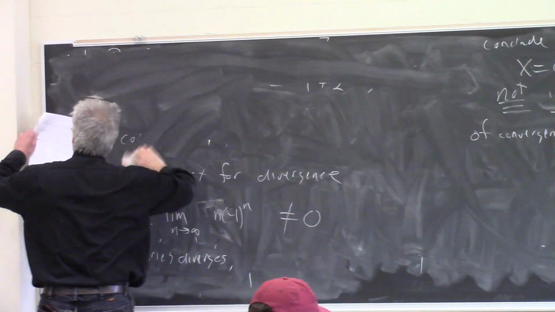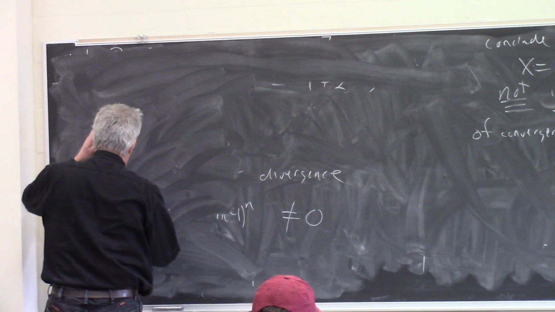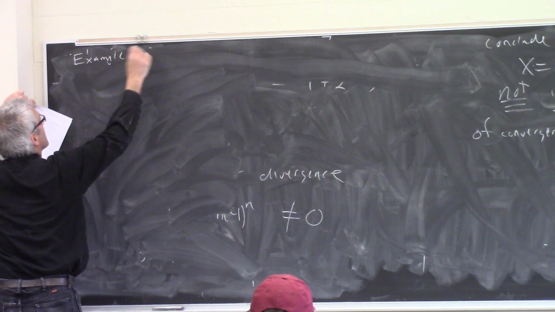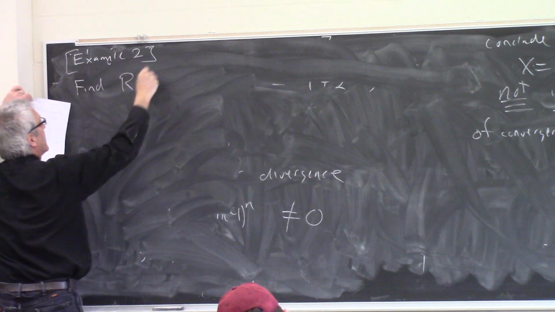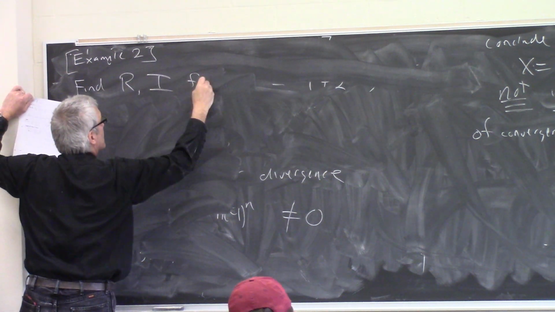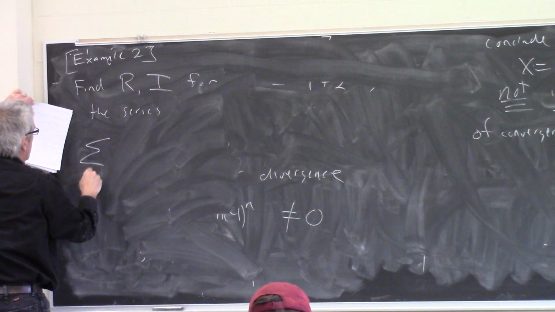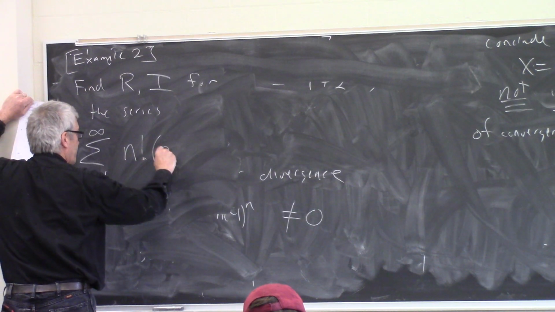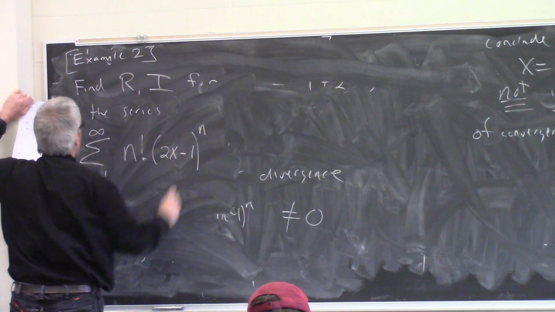Example 2. Find R and I for the series sum from 1 to infinity of n factorial times 2x minus 1 to the nth power.